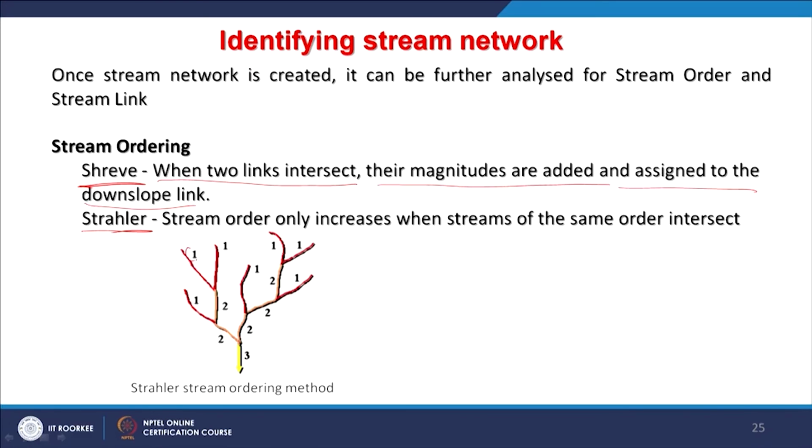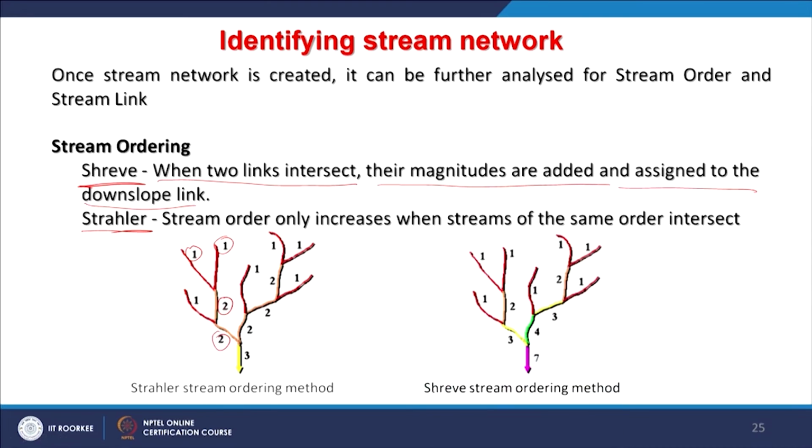So, order 1, first order, when these two add up, it becomes the second order. When second order and first order meet, it becomes third order. This is the Shreve method, the first one.